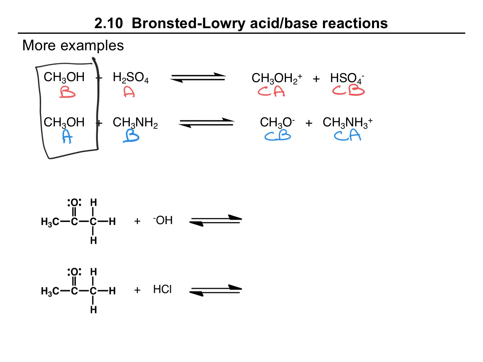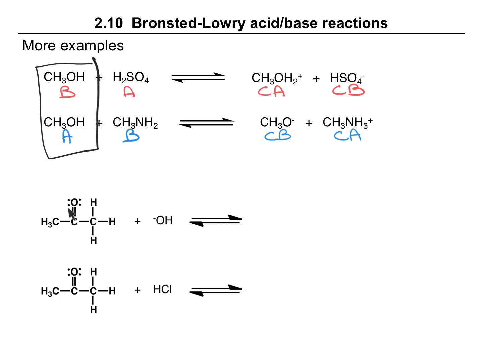So there's a number of compounds that could potentially act as either an acid or as a base. Alcohols, this is one set of examples. Water itself can act as either an acid or a base. Amines could potentially act as an acid, usually a base, but in some cases it could be an acid.